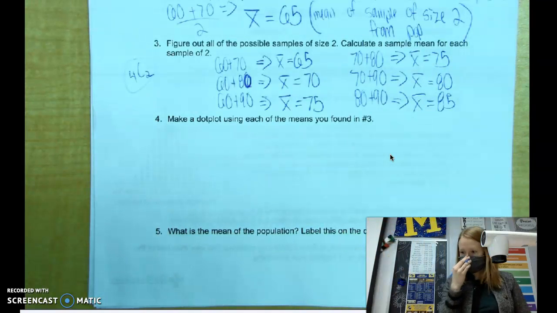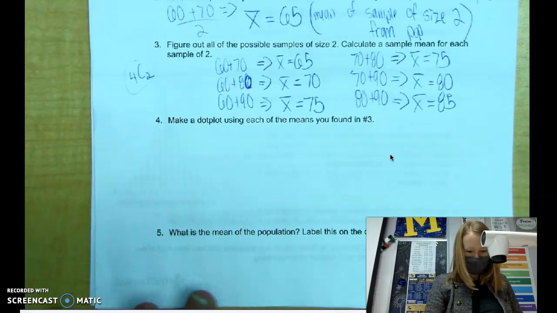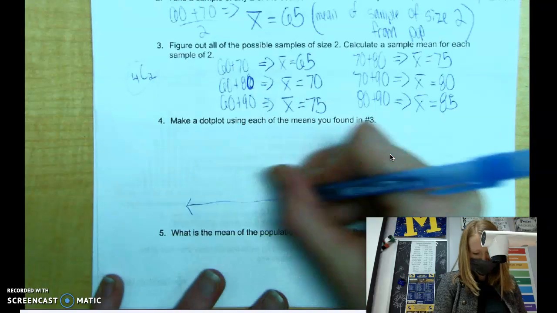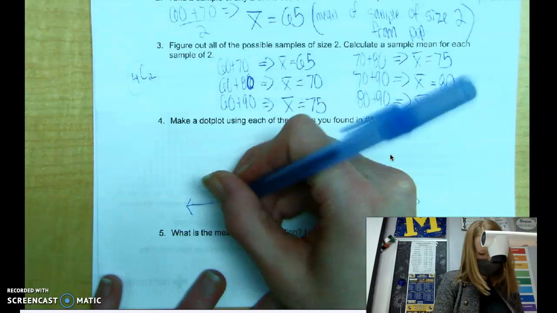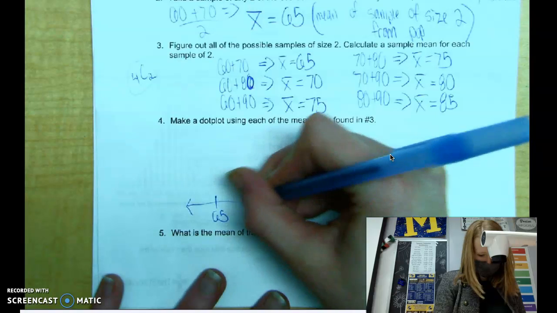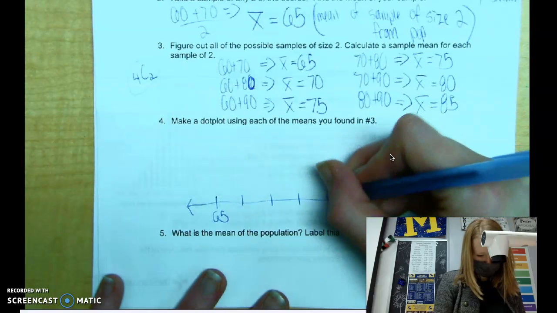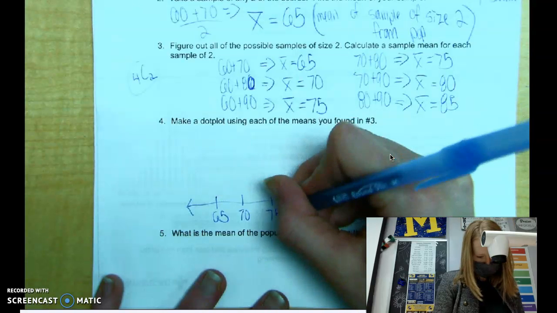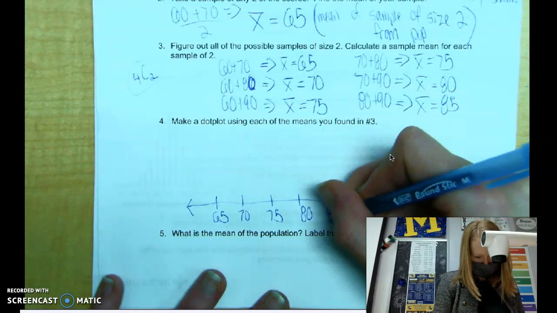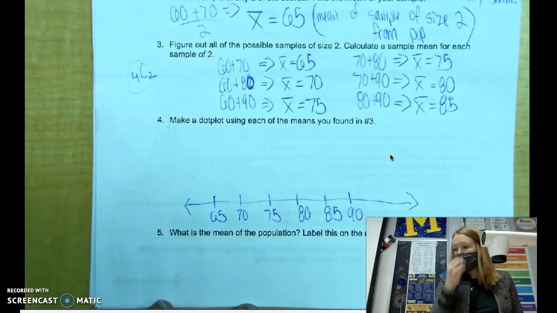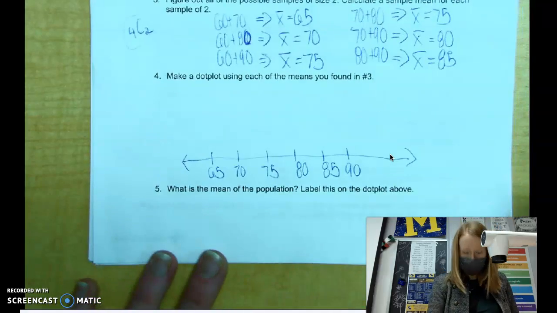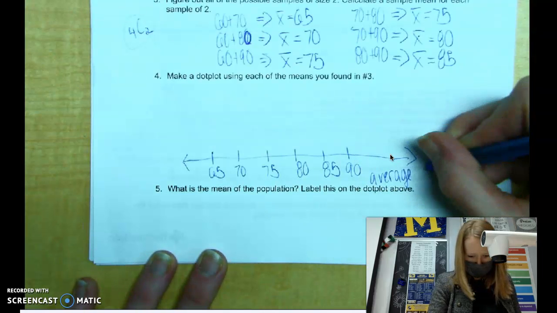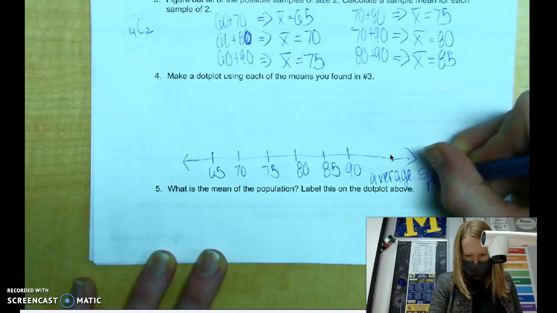So if we're going to make a dot plot using the sample means, I always start with my number line. I don't know why that makes the most sense to me. I'm going to count by 5s. And if we were to label the bottom, remember these are the average scores where our sample size was 2, right?